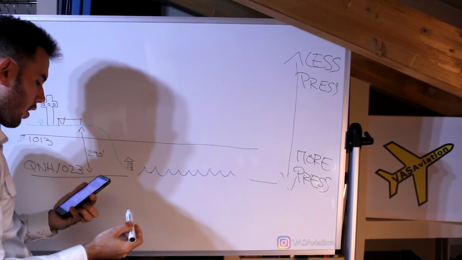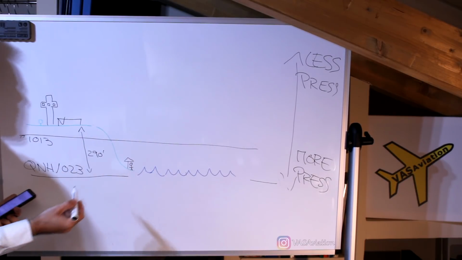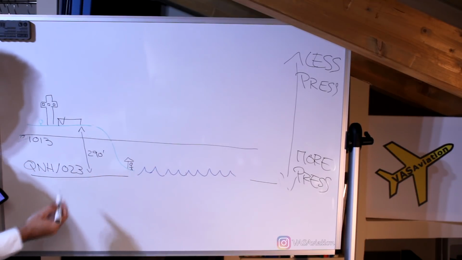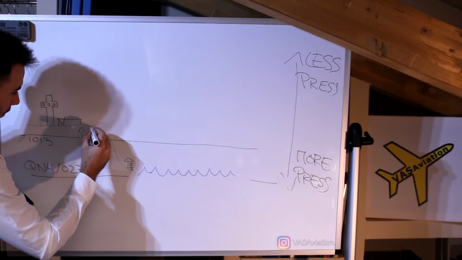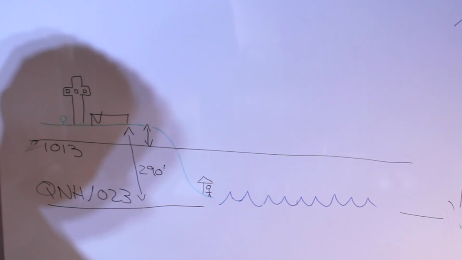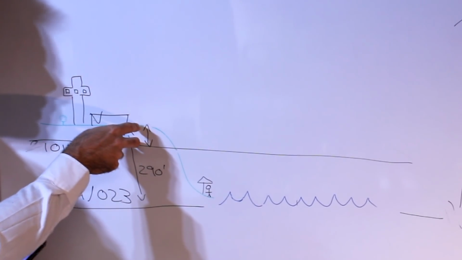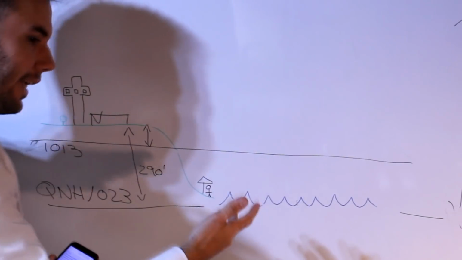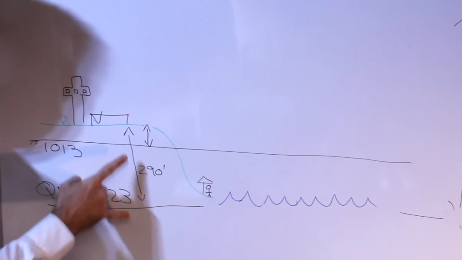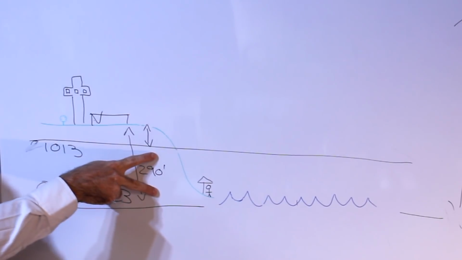So they're asking for the reading on the altimeter on the ground, but with 1013 set on the altimeter. So they're asking for this distance. Now how can we calculate this distance? Well, it's clear that this distance, small distance, is the big distance minus this distance.